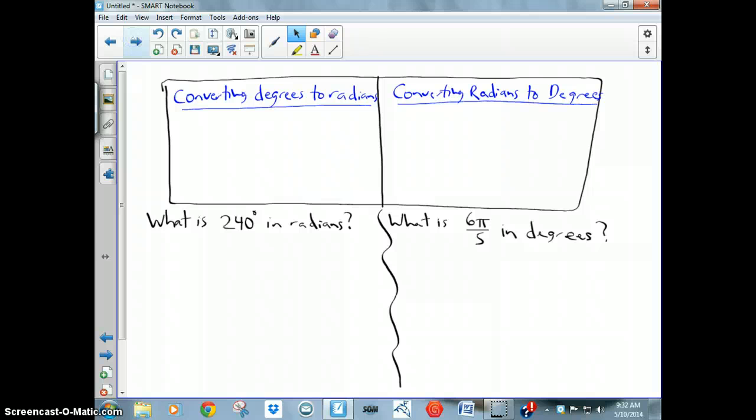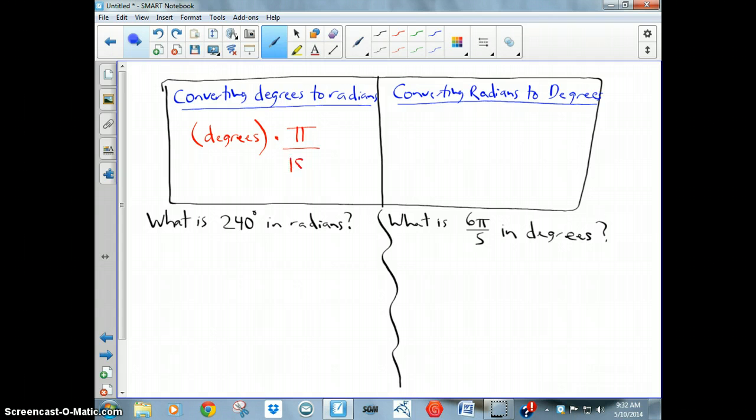Two formulas, converting degrees to radians and converting radians to degrees. To convert degrees to radians, very simply, whatever I tell you in degrees, you take that times pi over 180. That's your formula, very simple. So, what is 240 degrees in radians?